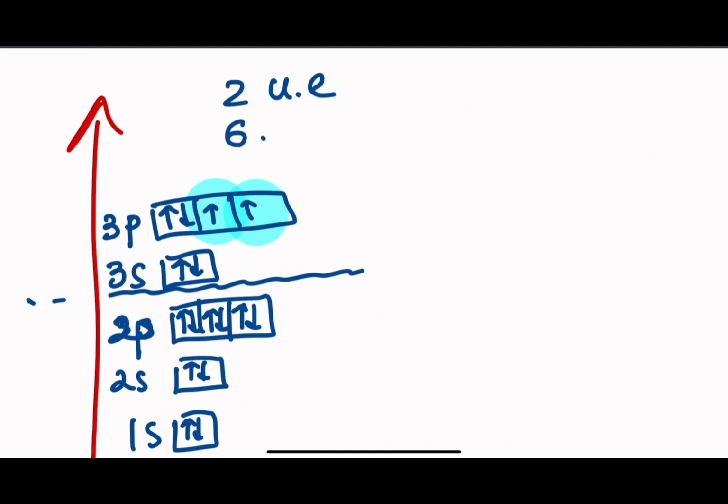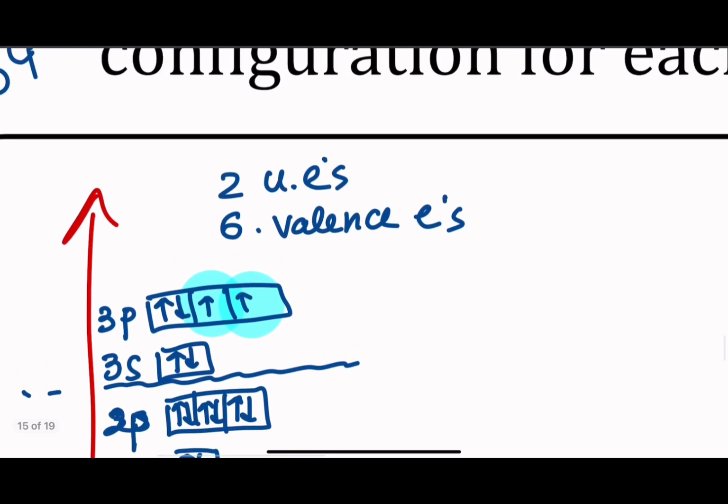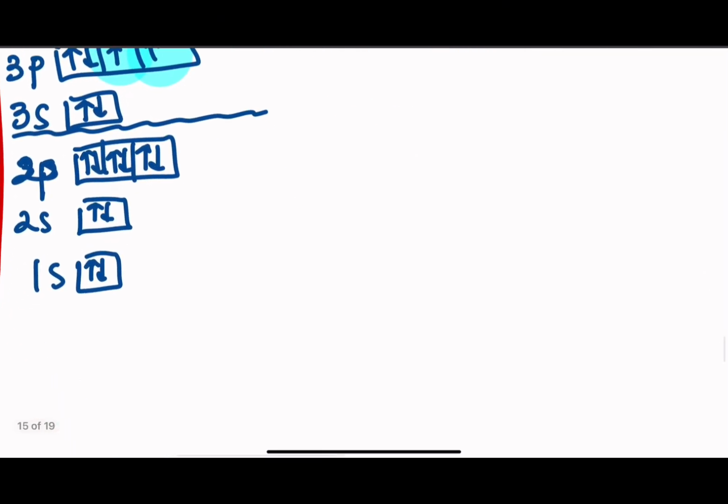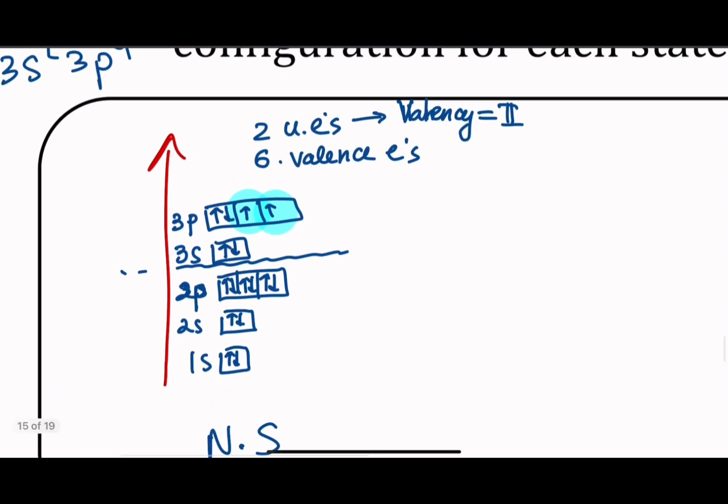So 6 valence electrons. Okay, 2 unpaired electrons and 6 valence electrons. Now 2 unpaired electrons give us that the valency equals 2. And this is our normal state. Okay, this is the normal state.